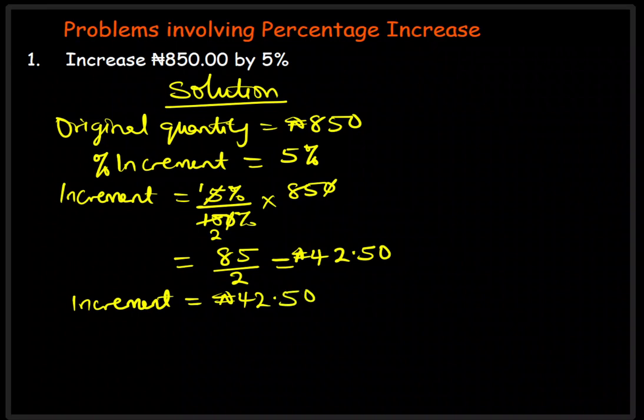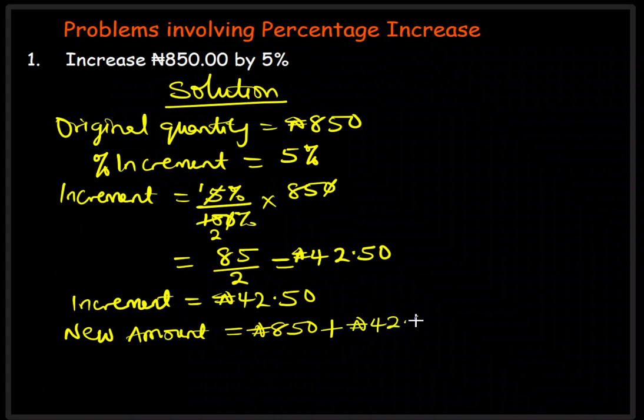So the new quantity, that's the new amount, is equal to 850 naira plus 42 naira 50 kobo.